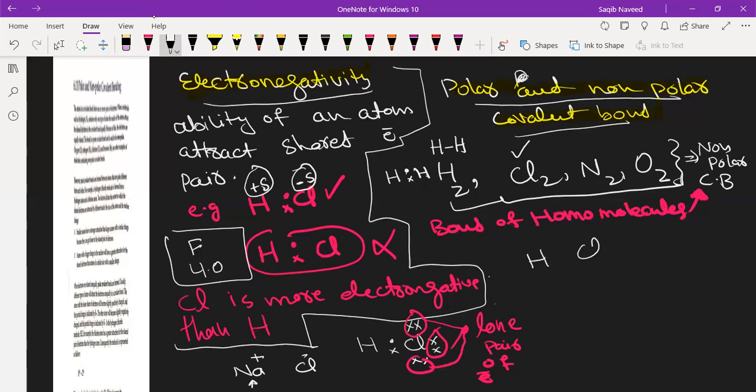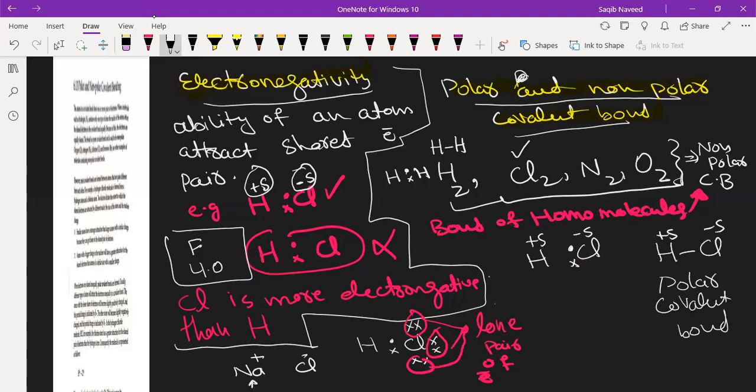In HCl, the shared electron pair is tilted toward the chlorine, and chlorine has a partial negative charge and hydrogen has a partial positive charge. So this is a polar covalent bond.